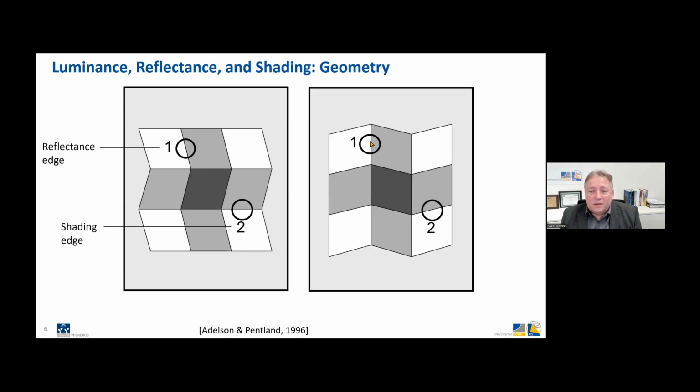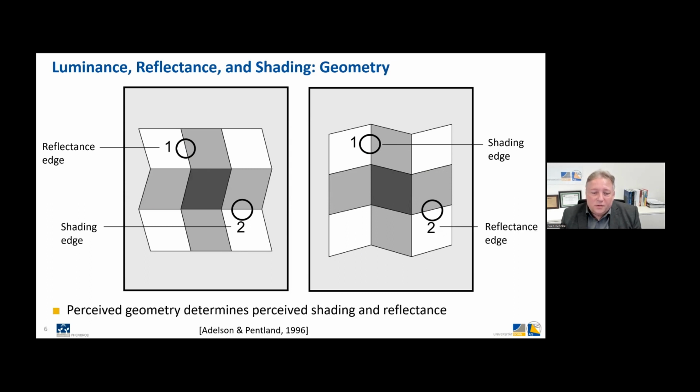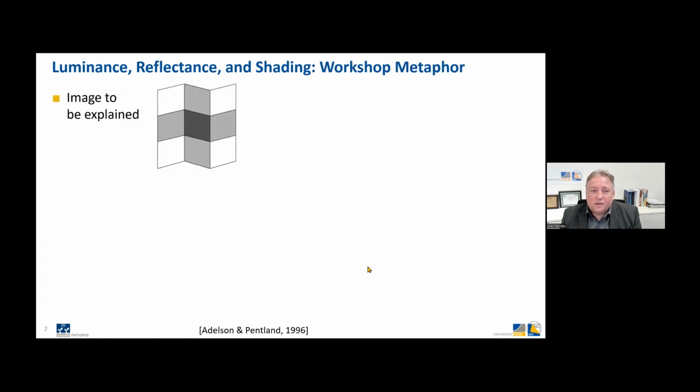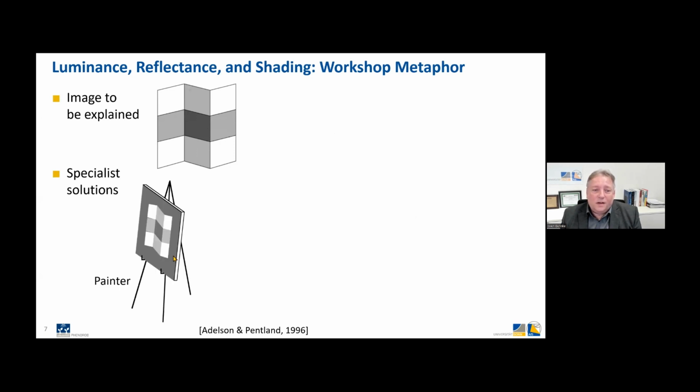But you look at the same contrasts here in a different context, and all of a sudden this is a shading edge, and this is actually a reflectance edge. So the perceived geometry determines the perceived shading and reflectance. If we have some image that we need to explain with some sort of model that we build from it, of course, we can come up with very specialist solutions. For example, here we have a canvas with different reflectances, and uniform lighting and a flat geometry.